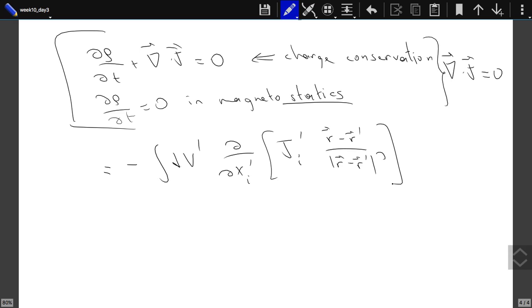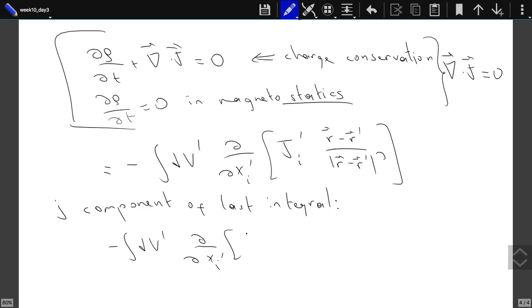Now let me take the j component of this last term. So minus dv prime del over del xi prime ji prime xj minus xj prime divided by r minus r prime cube.